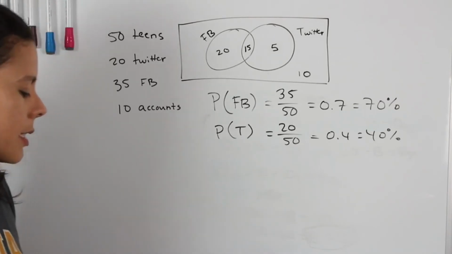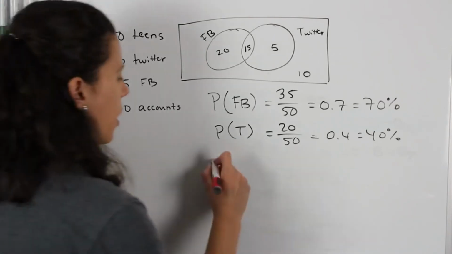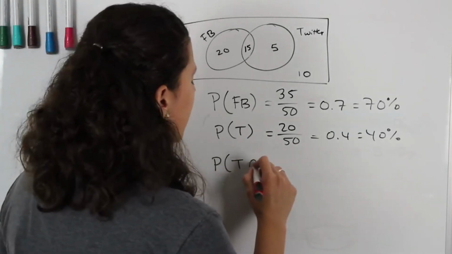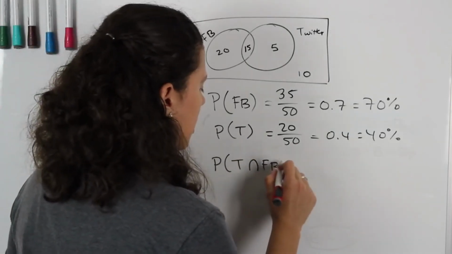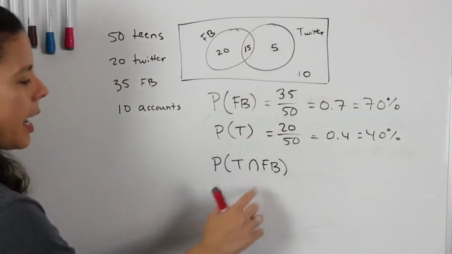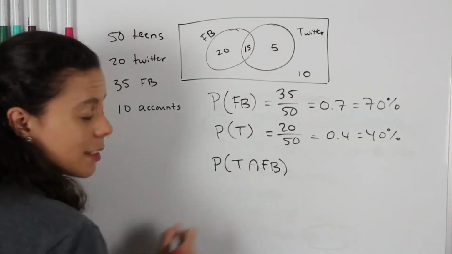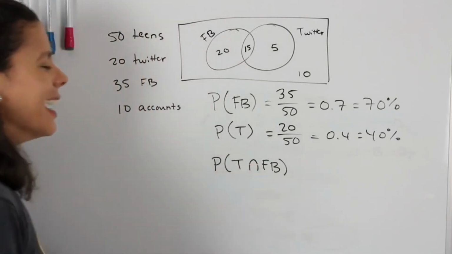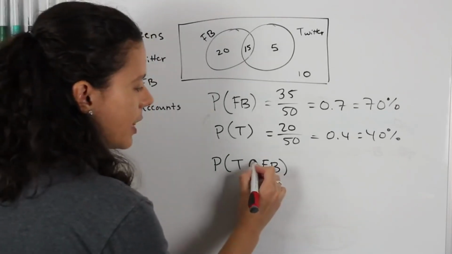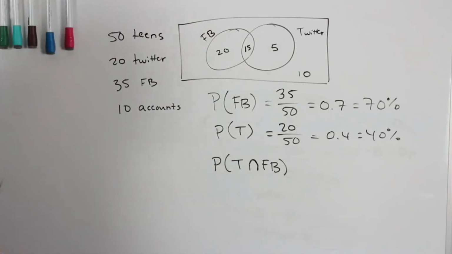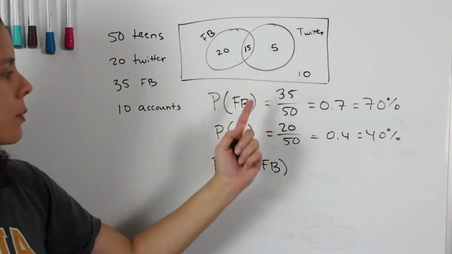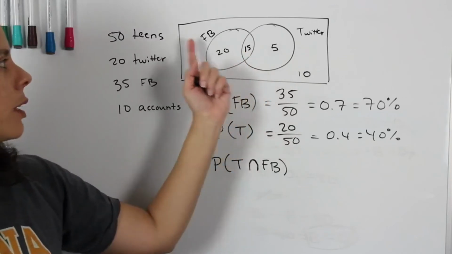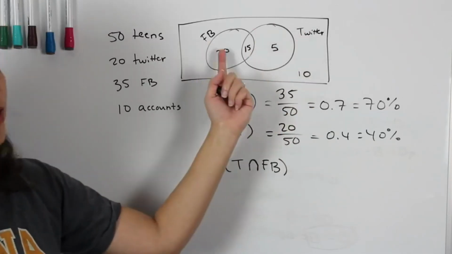Now, what happens if the probability that we're looking for is the probability that the student has a Twitter and a Facebook account, right? This ∩, I like to think of it as a little A right here, right? It's the easiest way for me to remember which one is which. So that it has a Twitter and a Facebook account. So who has both? 15 of them. 15 students have both a Twitter and a Facebook account.